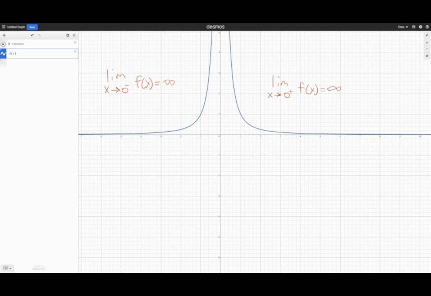Therefore, in this situation, just like with a finite limit, you could say that the limit as x approaches 0 of f of x is constantly increasing. So infinite limits work in a similar way notationally to finite limits, but you do have to be careful with this concept of equals infinity.